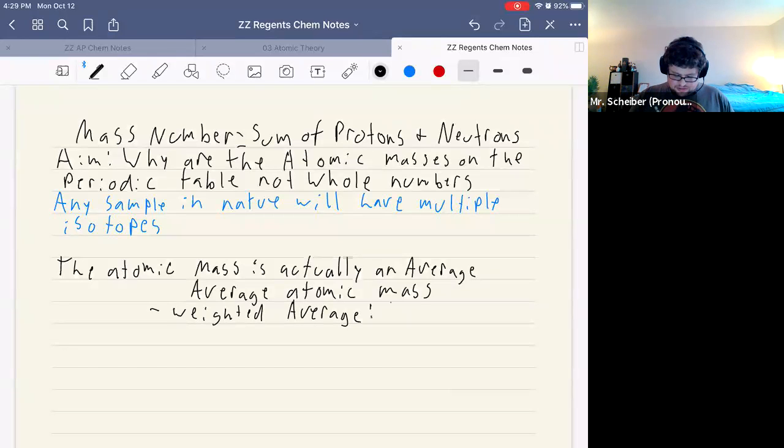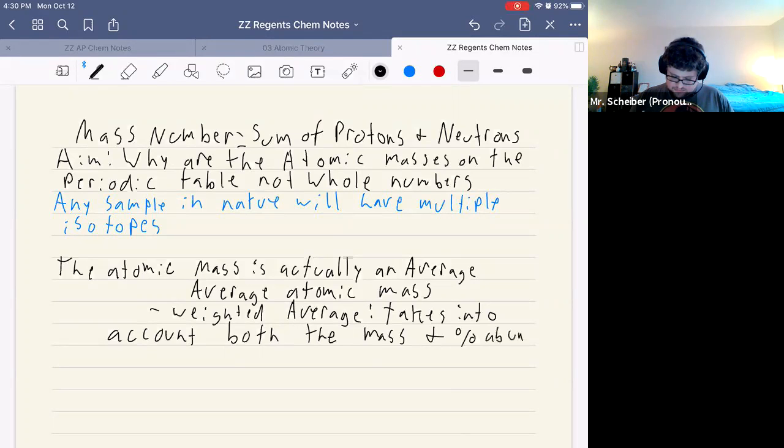And a weighted average takes into account both the mass and percent abundance, because not all isotopes occur in the same percentage.